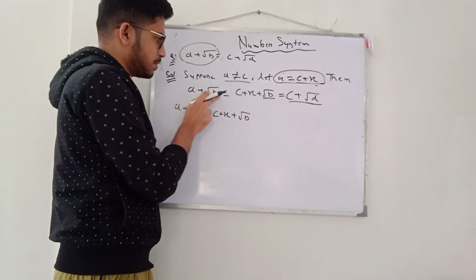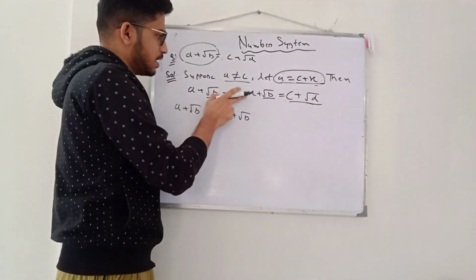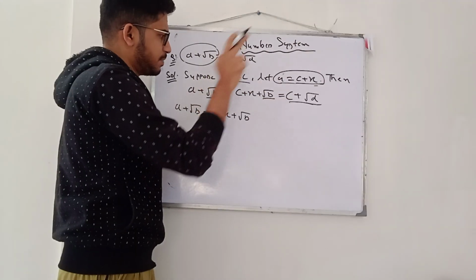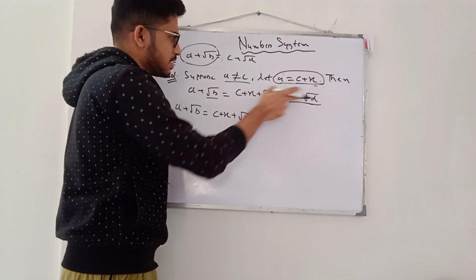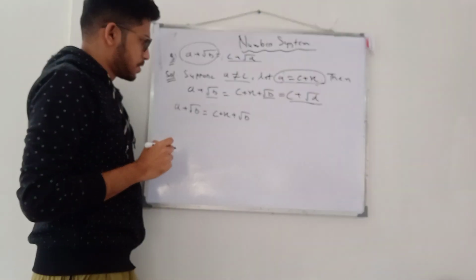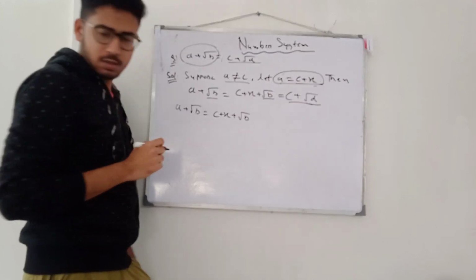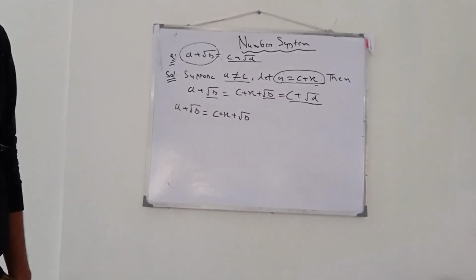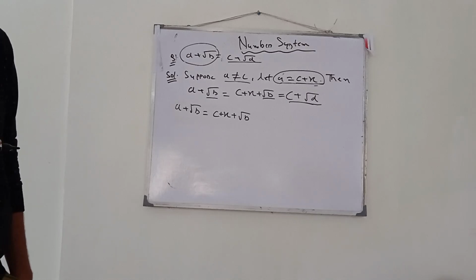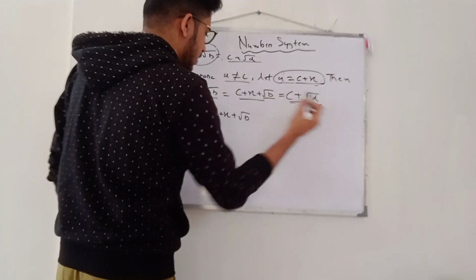So here a plus root b, where a is equal to c plus x, and then we are putting c plus x plus root b, which is equal to c plus root d. So that means this one is okay.